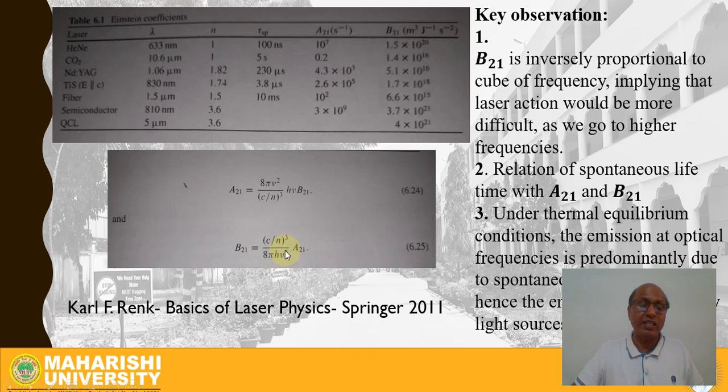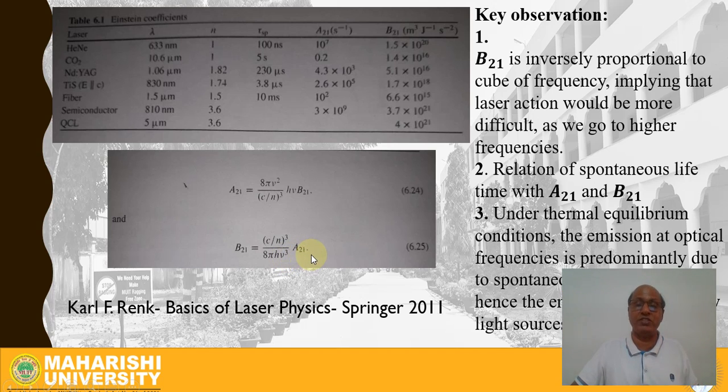As we increase the frequency, the stimulated emission will go on reducing. That means lasing action will take place with difficulty, and that is why at higher frequencies, at ultraviolet or X-rays, laser action is difficult to achieve, or the efficiency will be very low, right? That is why you get a lot of efficiency at higher wavelengths or lower frequencies.